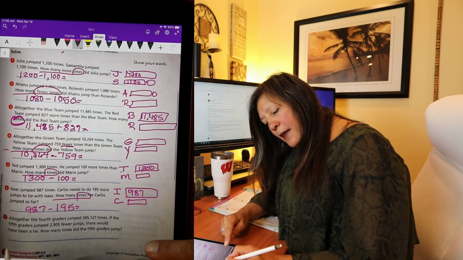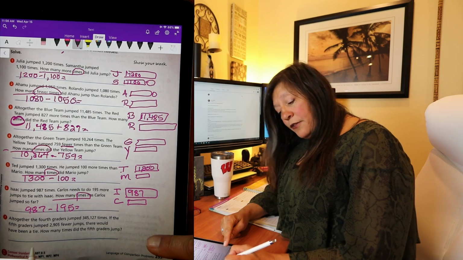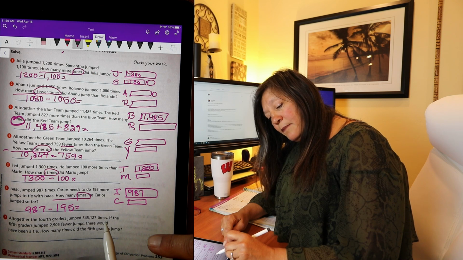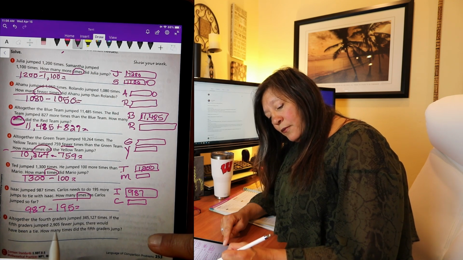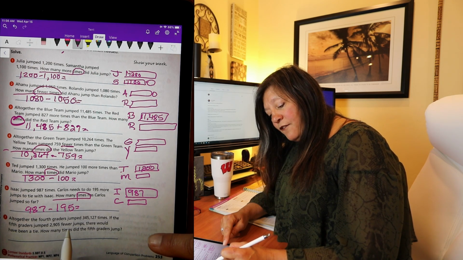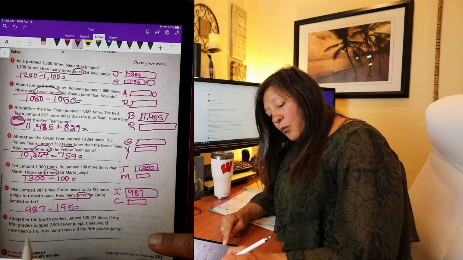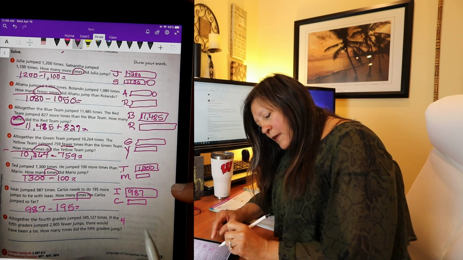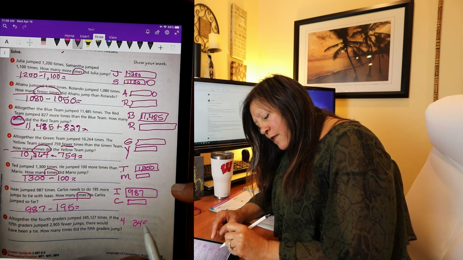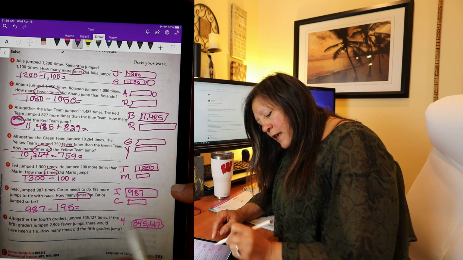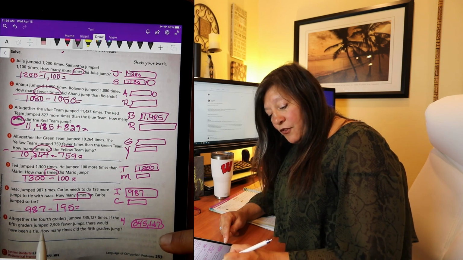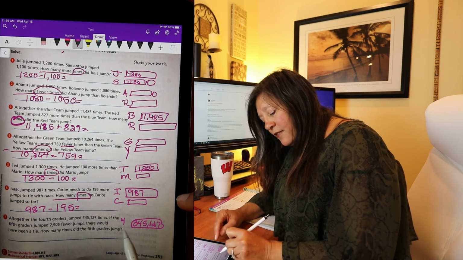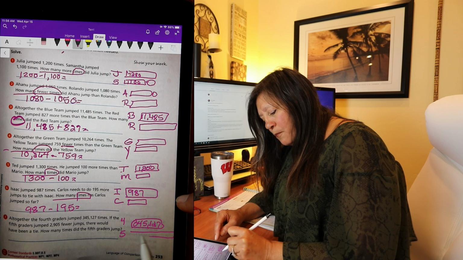We have one more in the bottom here. Number seven, altogether, the 4th graders jumped 345,127 times. If the 5th graders jumped 2,905 fewer jumps, there would have been a tie. So we know 4th grade is 345,127, and it's telling us 5th grade jumped more.